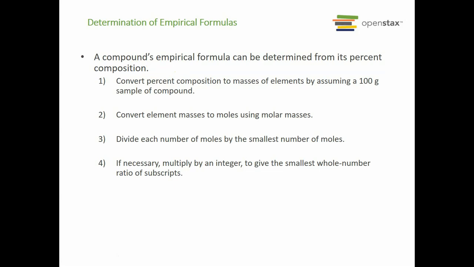I mean, it could be 10 grams, it could be 25 grams, but we just assume that we have 100 grams, because then the percentages become grams. Then we convert element masses to moles using the atomic weights, and then you divide each number of moles by the smallest number of moles, and then if necessary multiply by an integer to give the smallest whole number ratio of subscripts.